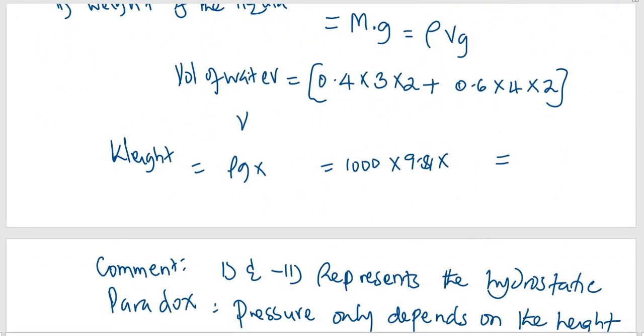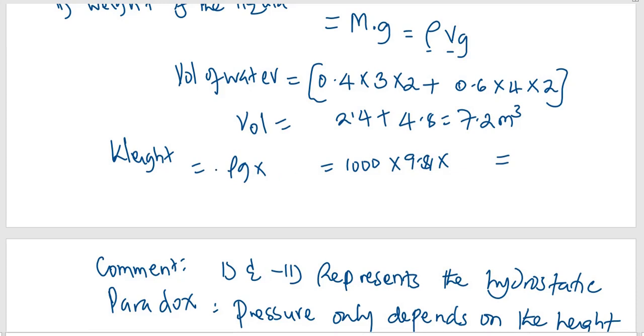Let us find the weight of the liquid. Weight of the liquid is calculated as mass times acceleration due to gravity, but mass is equal to density times volume. Now, volume of the water in the tank will equal the volume of the water in the upper smaller section plus the volume of the water in the lower wider section. Therefore this volume will equal 2.4 plus 2.4 times 2, which is 4.8, which gives you 7.2 cubic meters.